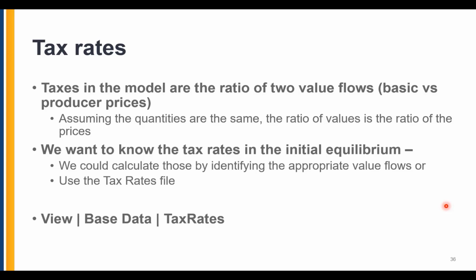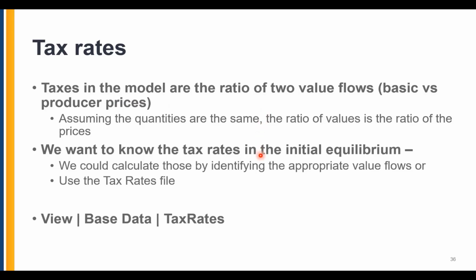And so one of the prices must have a wedge or a top-up or a levy added. So there's a taxation that happens. And so it is the case then that instead of just thinking about these in terms of prices, since the quantities are the same, they would cancel out in a ratio. We can always find taxes in the model by taking the ratio of two value flows.